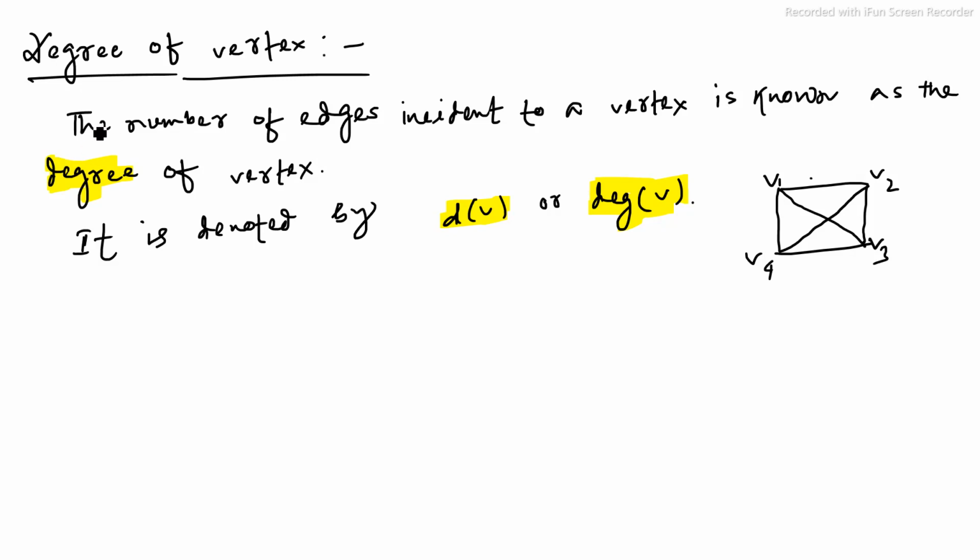See the definition: the number of edges incident to a vertex is known as the degree of the vertex.